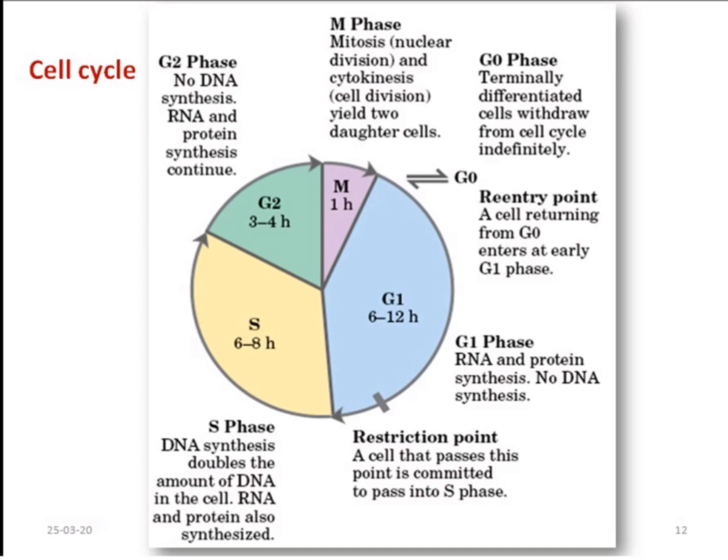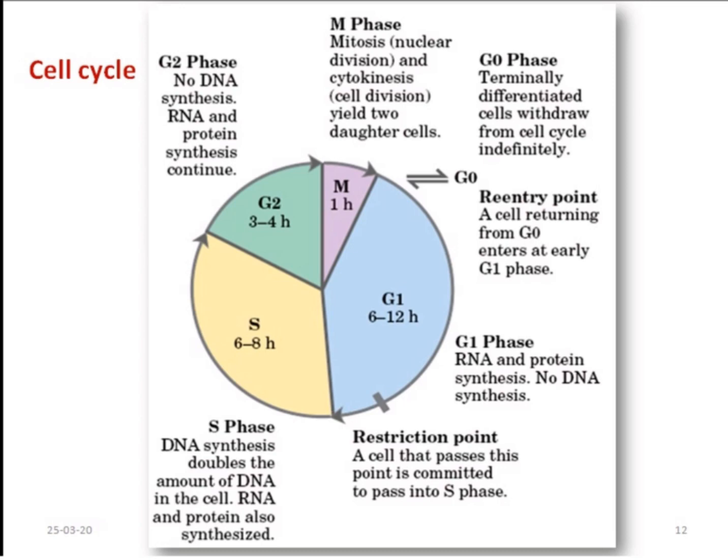In the G0 phase, terminally differentiated cells withdraw from the cell cycle. So these cells will be withdrawn from the cell cycle, right? And they will go into G0. It is also called the re-entry point. A cell returning from G0 enters at early G1 phase.